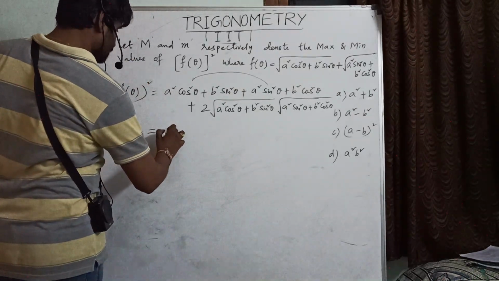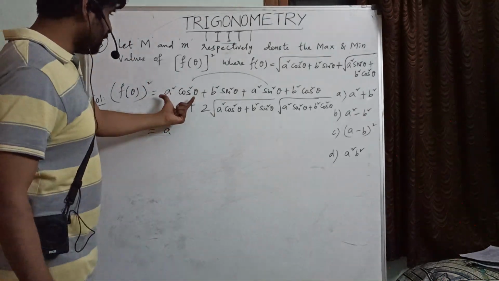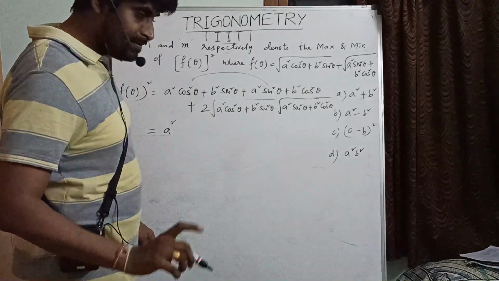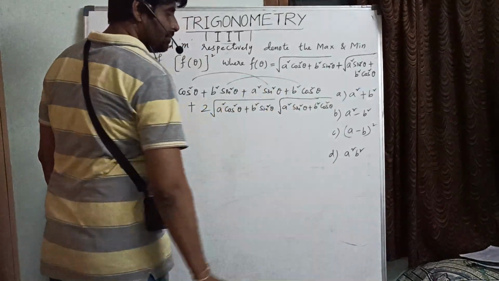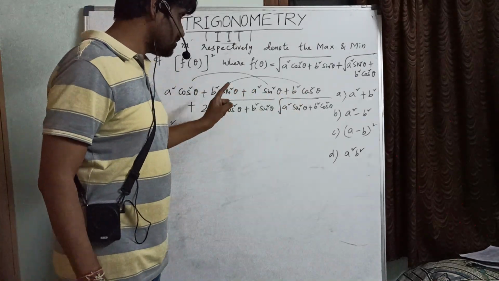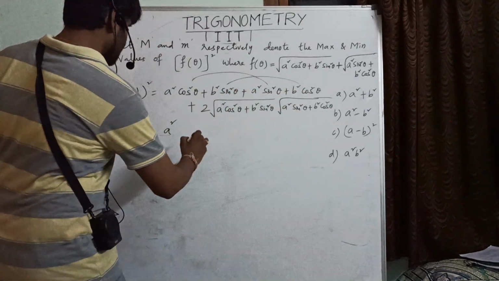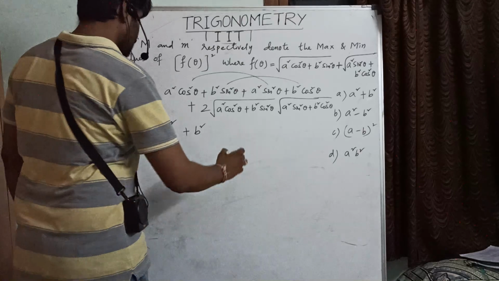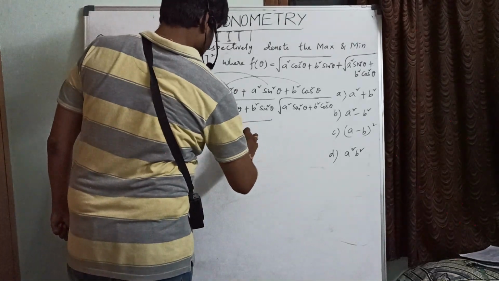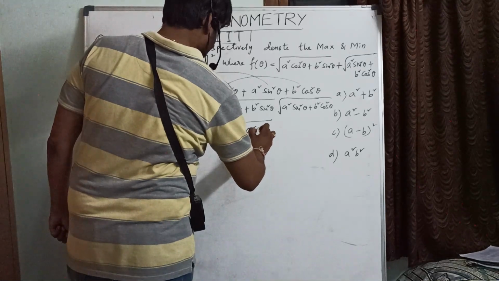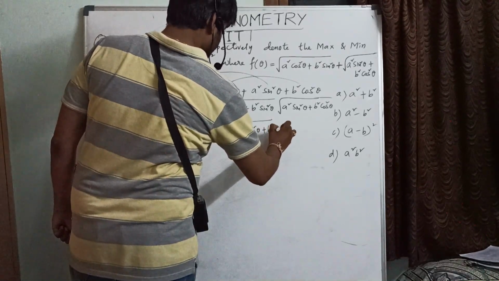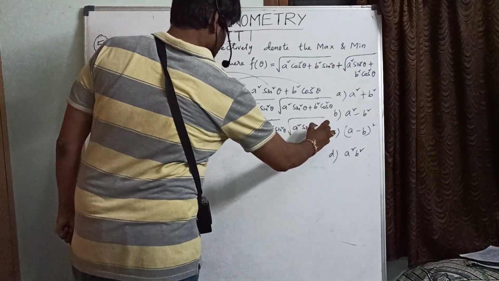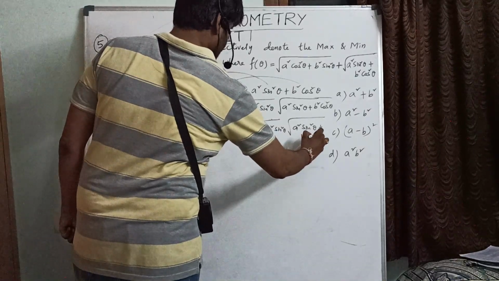So a square. Similarly, taking b square common, cos square theta plus sin square theta will be 1 inside. So plus b square. A square into 1 plus b square into 1. Here 2 root, same thing: a square cos square theta plus b square sin square theta into root of a square sin square theta plus b square cos square theta.